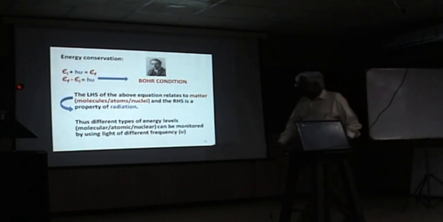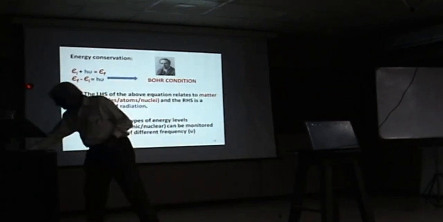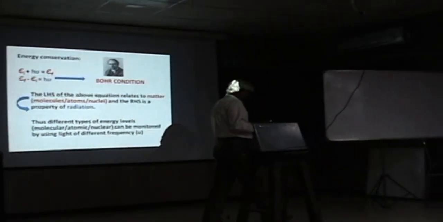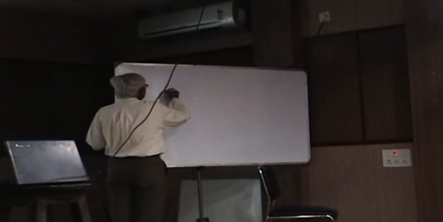Now, if we consider the process as M initial plus photon equal to M final, and treat this like a chemical reaction, we know that during this process energy should be conserved.